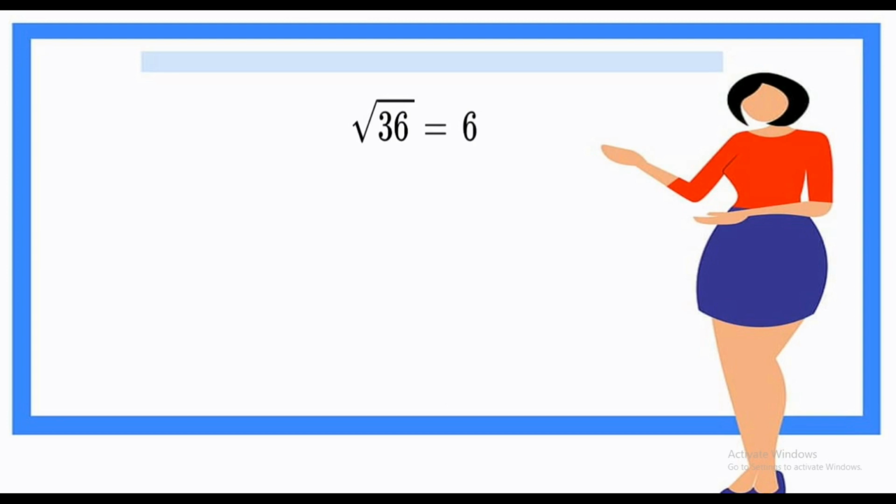And we represent this by putting a under root over it. So under root 36 is equal to 6, and we denote square root by this symbol. With this short revision, let us move forward.